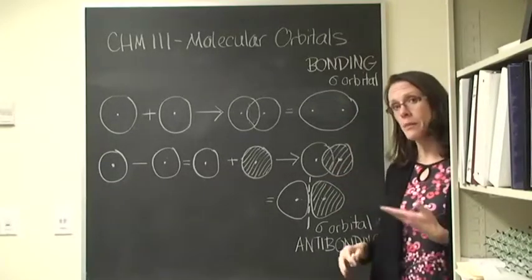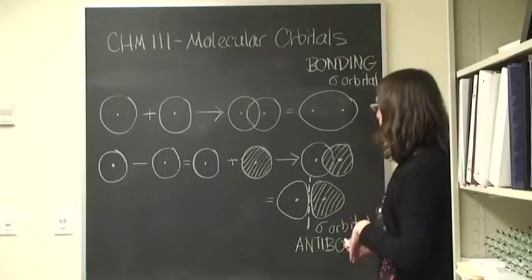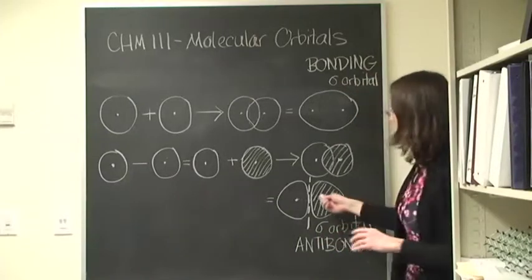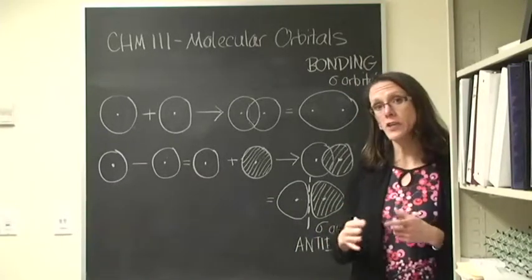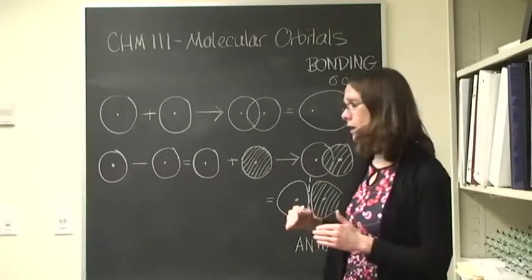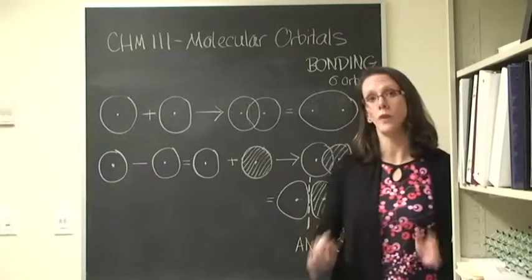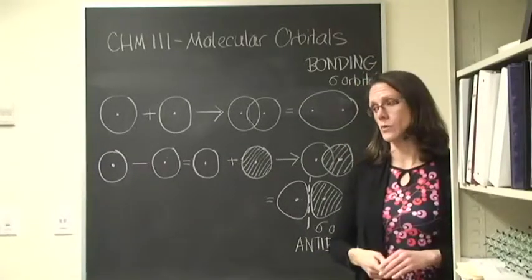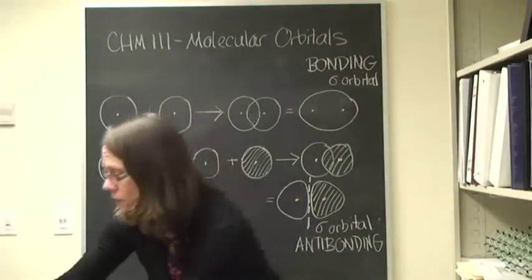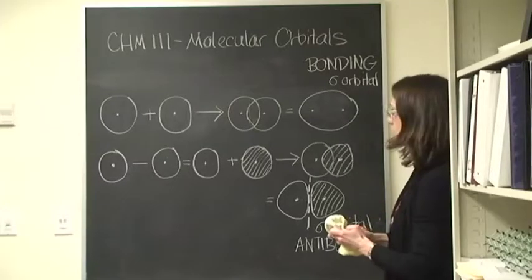I'm going to stop the video, or you're going to stop the video, and take however long it takes you, a few seconds, a minute, and think about which one of these has higher energy. Remember, what lowers the energy of the electrons is interaction with the nuclei, and what raises their energy is interaction with each other. So stop the video for as long as you need to, and come back when you have an answer about their relative energies.